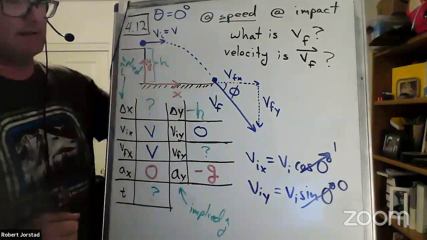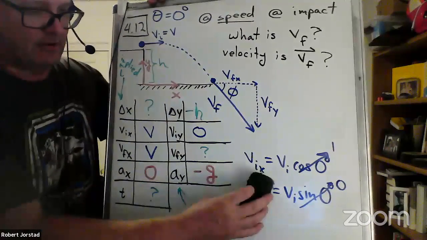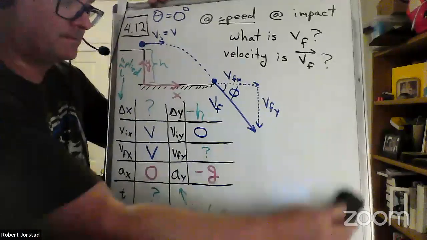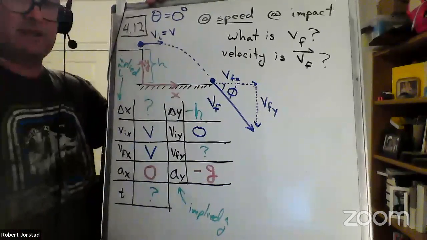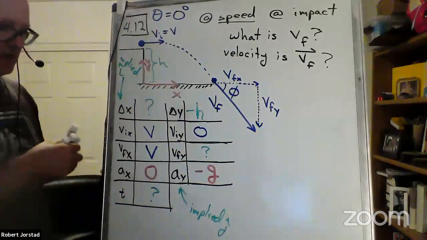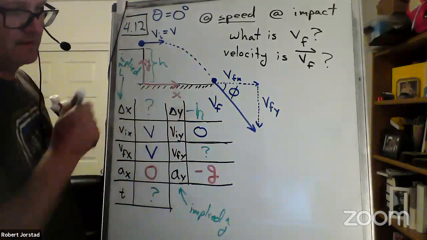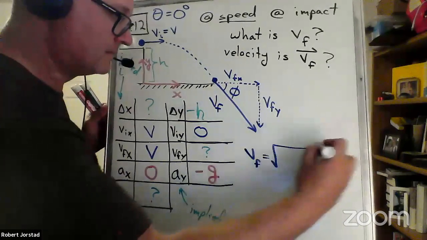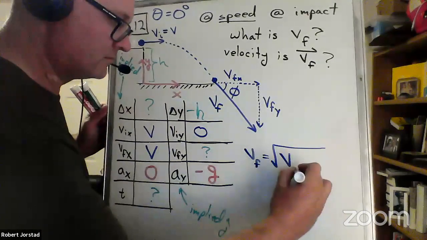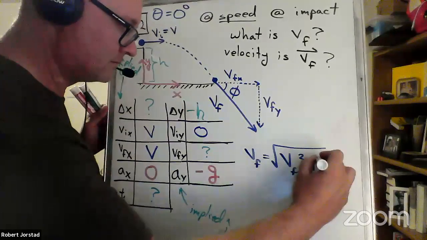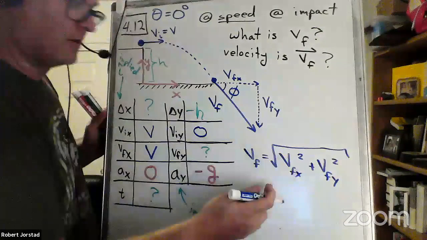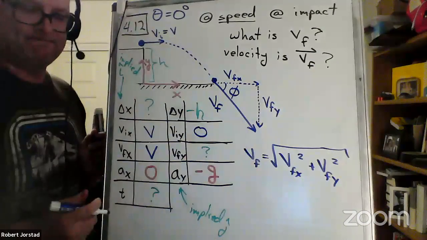Speed at impact. Now I'm going to erase this just so I have a little room here. How do I get the speed at impact? Well, I notice over here, V final would be this by the Pythagorean theorem.